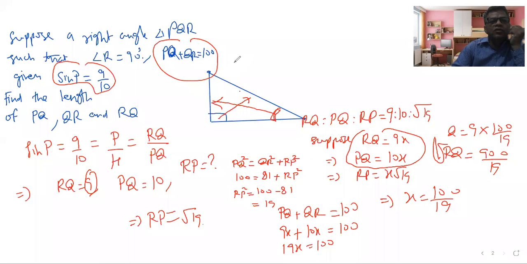So this is your P, this is your Q, this is your R. Now you come to know that RQ is 900 by 19.